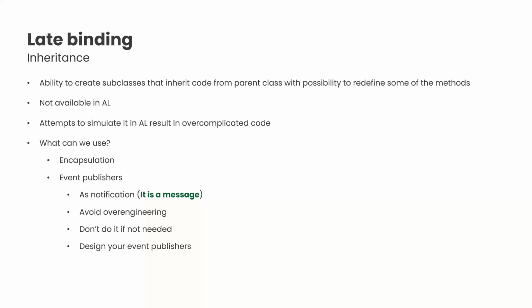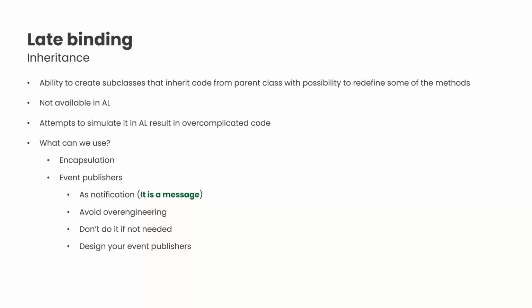And what it means is, imagine that you have some interface in Business Central, and this interface has 20 methods or more. And you would like to implement your own implementation of this interface, but you would like it to be almost the same as the standard Microsoft implementation. Just one function needs to be slightly different.